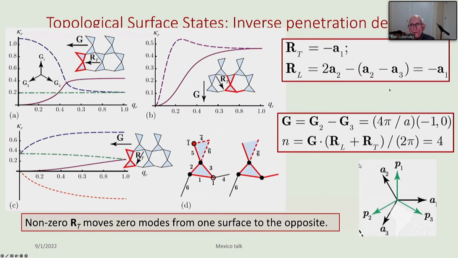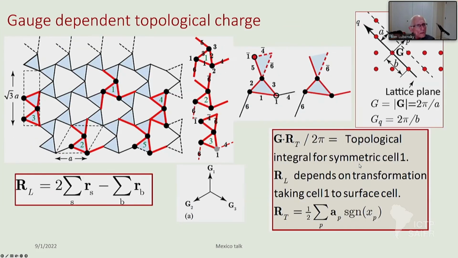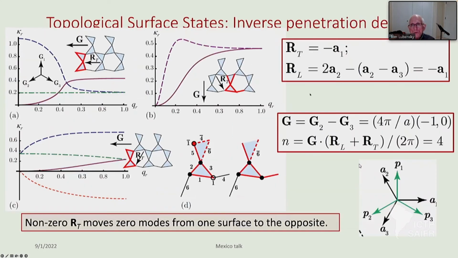Oops. No, that one was A3. So let me just get the A3 correct. A3 is moving. Oh, it's minus A3. That's what it is. Yeah, minus A3. So this is 2A2 minus A3.